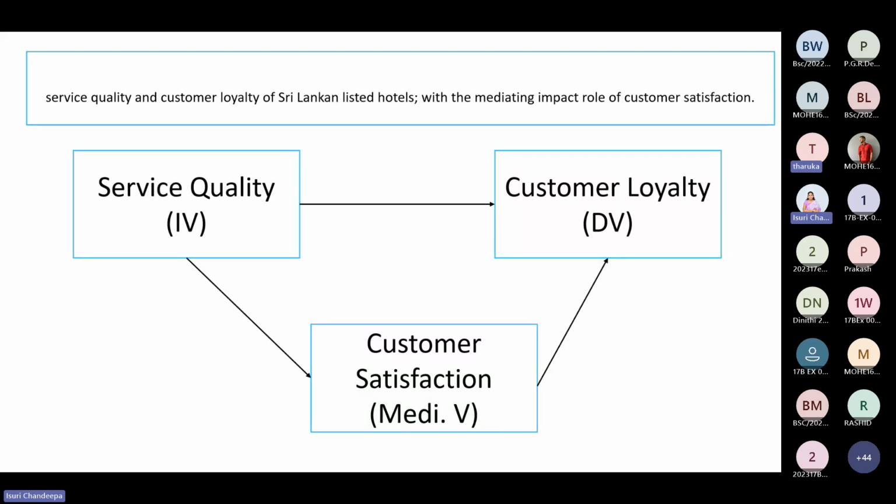Likewise, service quality is my independent variable and customer loyalty of Sri Lanka listed hotels, or whatever the sample is, with the mediating impact of customer satisfaction. Here you need to remove the roller.